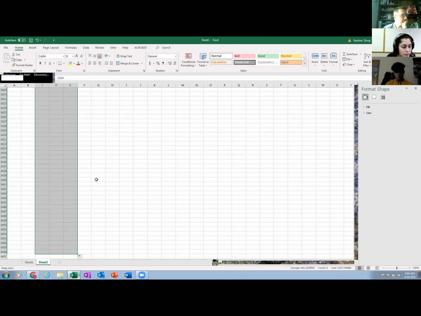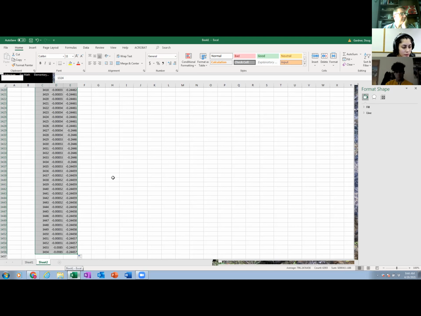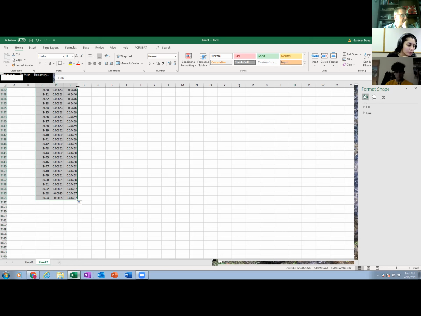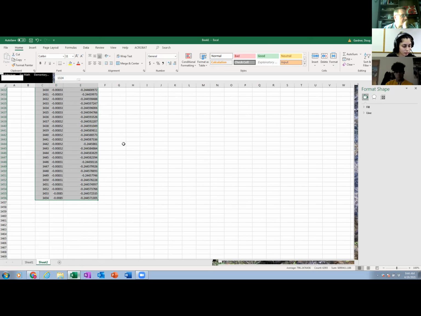Drag it down further. Notice this isn't getting bigger, it's getting smaller. The sum is getting smaller, almost like it's approaching 0 from the negative side. It looks like it's approaching a limit.